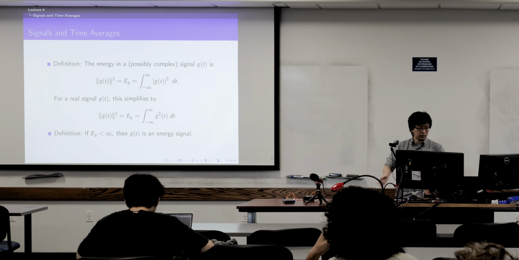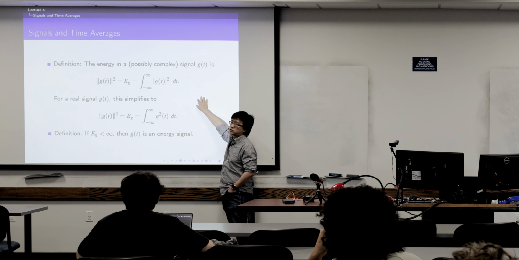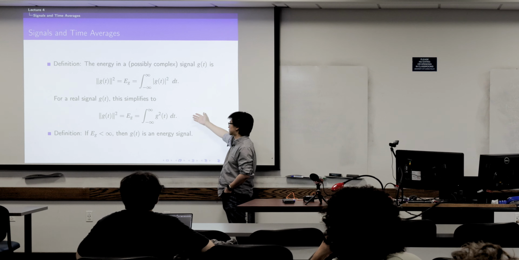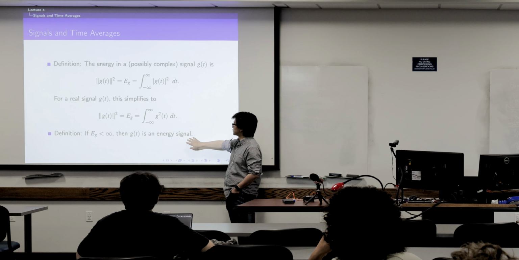Then we talk about the energy and the power of a signal. The norm of a signal gives you the energy of the signal. If the signal is real, we don't need the absolute value anymore. For an energy signal, we need to make sure that the energy exists, that it is less than infinity and bigger than 0. When the energy is infinity, we introduce the concept of power.